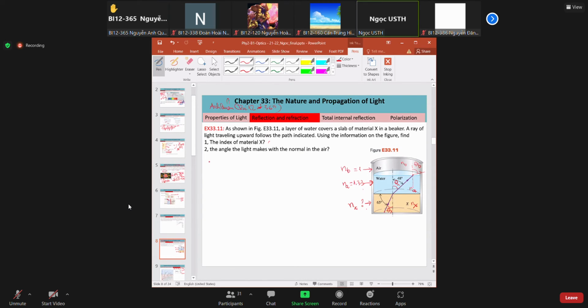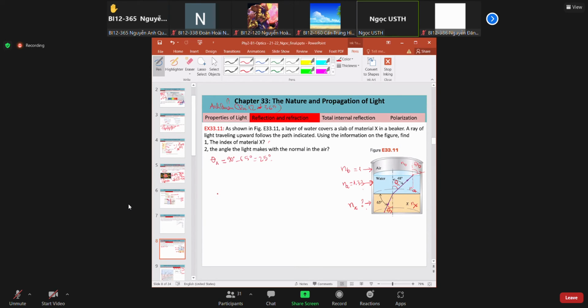So theta X is equal to 25 degrees, the incidence angle, okay? Theta X will be equal to 90 degrees minus 65, okay?